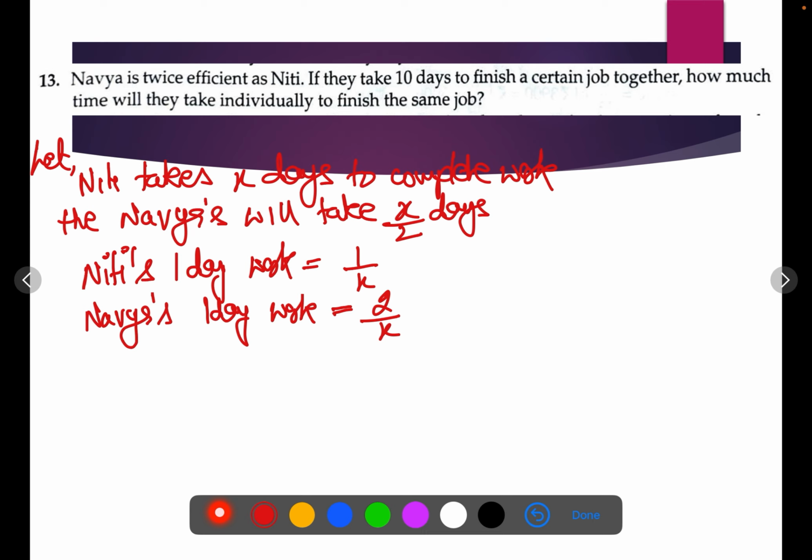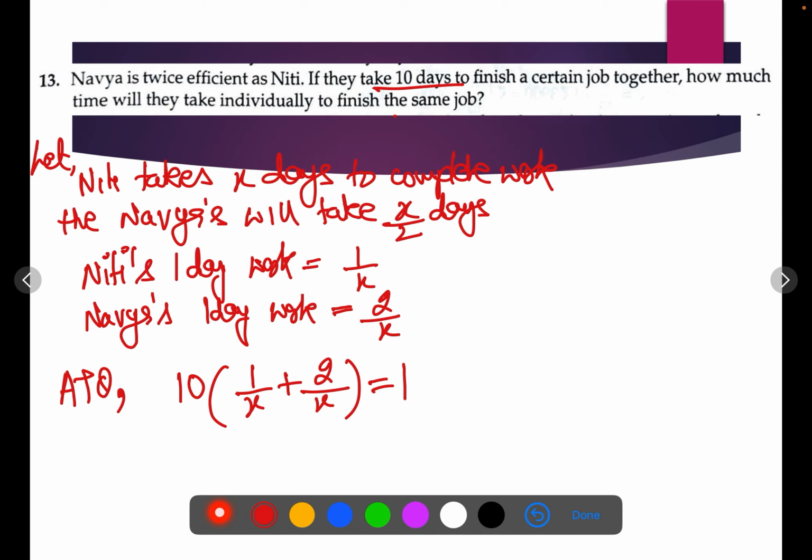If they take 10 days to finish a certain job together, how much time will they take individually? Right. So what is ATQ now? ATQ says they have worked together for 10 days. So I have added their 1 day's work multiplied by 10 and they completed the task. I have got my equation.